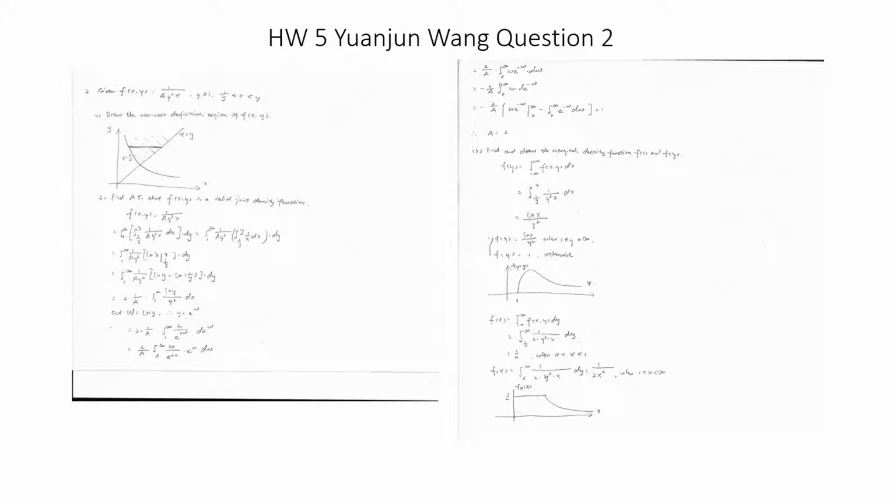That gives 1 over 2 when x is smaller than 1, and when x is bigger than 1 it is the integral from x to infinity, which gives 1 over 2 x squared, for x between 1 and infinity. The graph will look like the one shown on the slides.